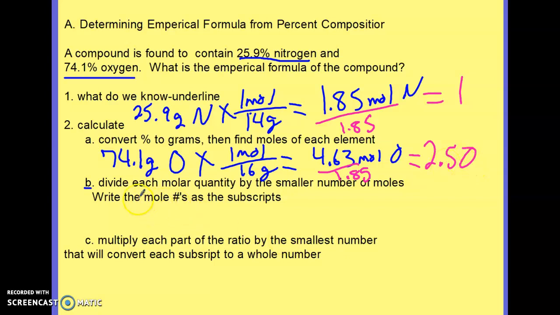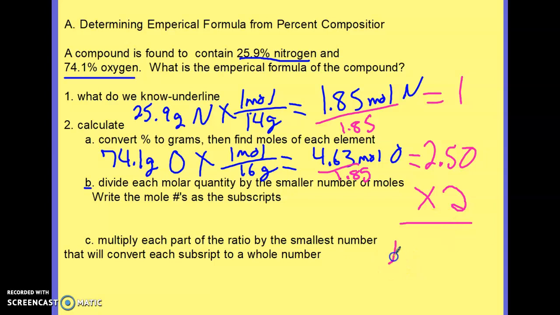The next step is to divide each molar quantity and these become the subscripts, but we have to make these whole numbers. So this is 2.5. If I multiply everything by 2, I'm just going to do that, times 2, that's the easiest way for me to get whole numbers.